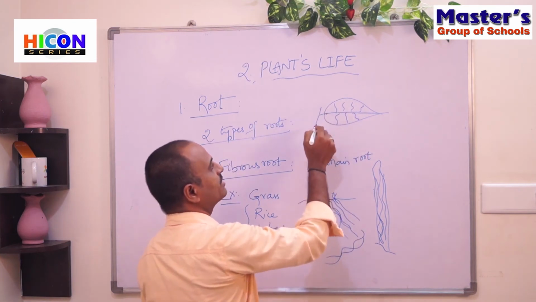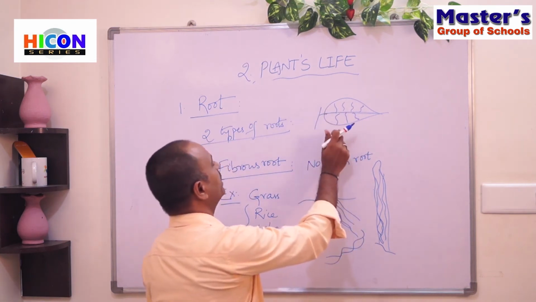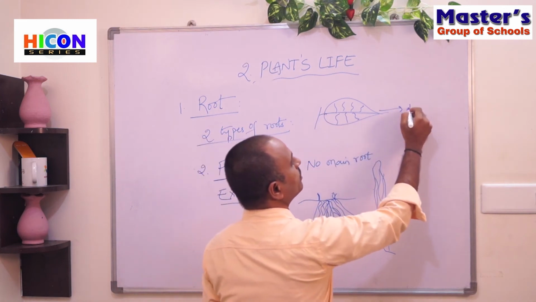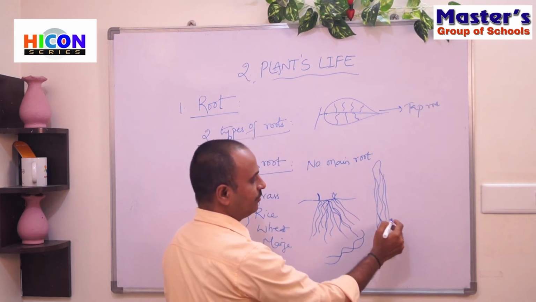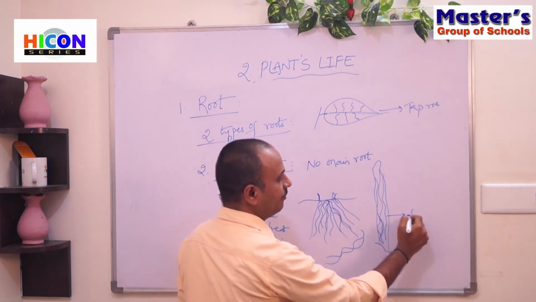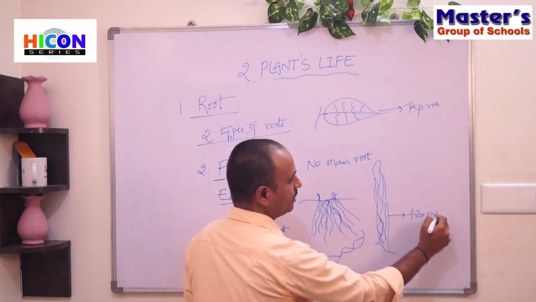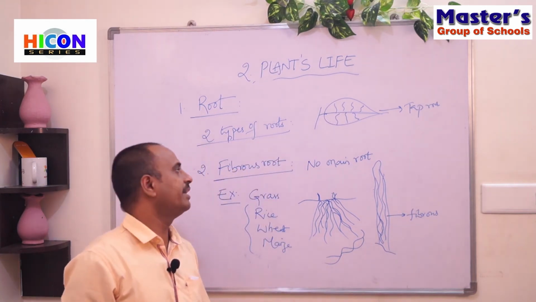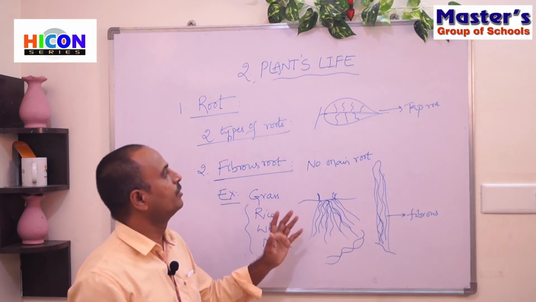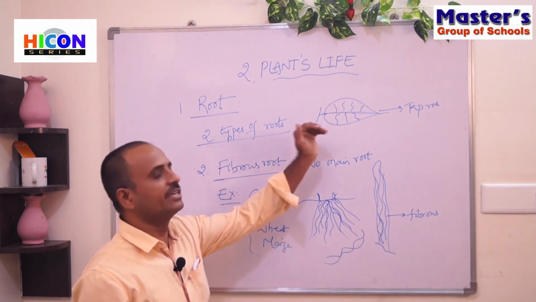So those plants which have this type of leaves will have taproot, and those plants which have leaves like this will have fibrous root. So we can easily explain whether the plant has fibrous roots or tap roots by just observing its leaves.